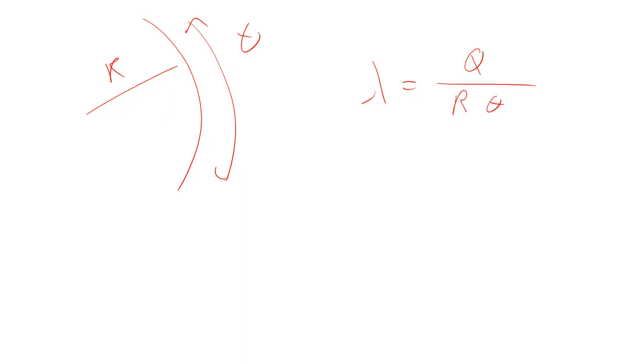Okay, and so you could put that back into that equation we just came up with. Okay, because the equation we just came up with was that the electric field was equal to lambda over 2 pi epsilon naught r times sine of phi. Okay, phi is half of theta right there.